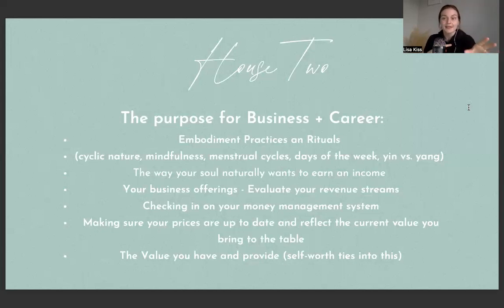Even tapping into going with the flow of nature can really help center you when you're tuning into how you want to price things or what you're going to offer. So this is house number two.